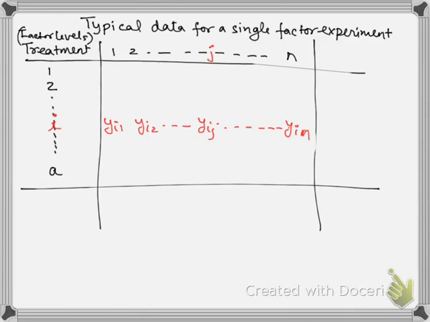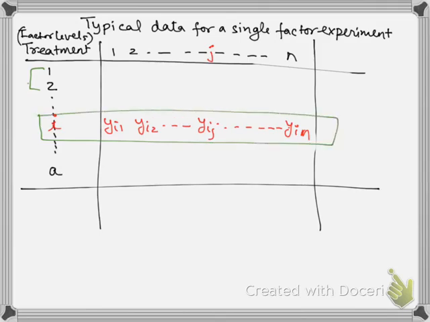When you do a t-test, you have only two samples, and you are comparing them. Those two samples are coming from two populations, but here instead of two groups we have several groups, and we are going to compare them. So this is our ith sample coming from the ith population, and we are trying to compare A populations.